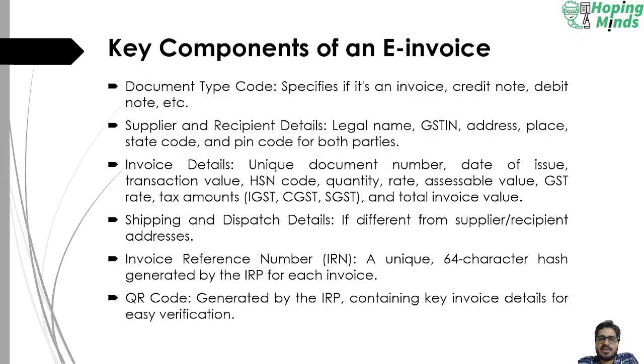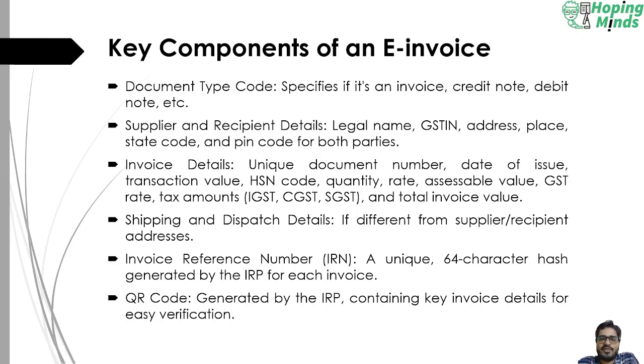Then invoice details: unique document number, that is the IRN number, date of issue, then transaction value, HSN code, quantity, rate, assessable value, GST rate, tax amount, that is IGST, CGST and SGST or UTGST, and the total invoice value. Then the shipping and dispatch details. If different from supplier or recipient address, then shipping and dispatch details are also mandatory.